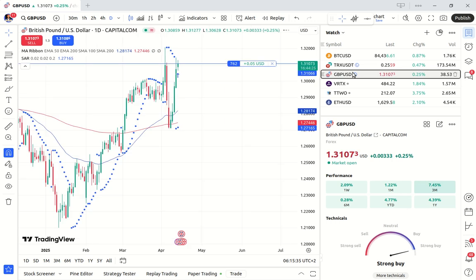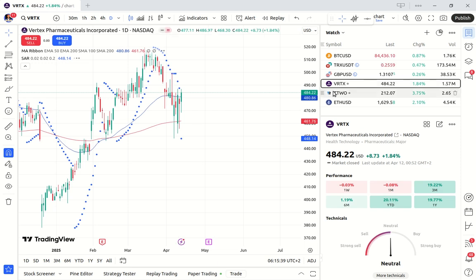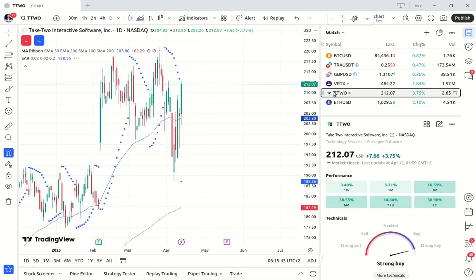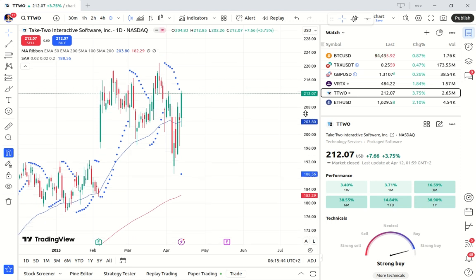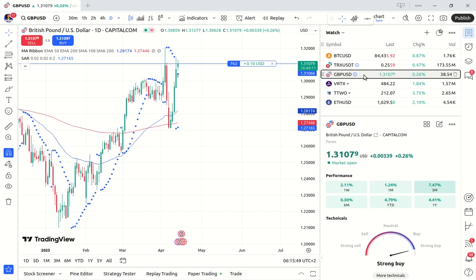Now I also found these other two stocks as well, this one here and this one here, and I'm yet to see if it will work in the stock market. But one thing for sure, the strategy works very well in the commodities market.